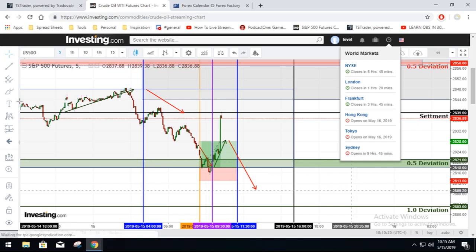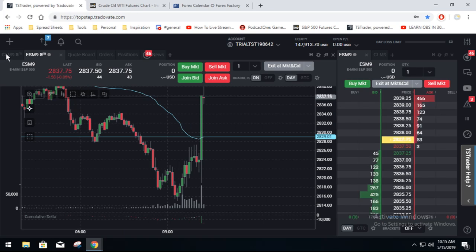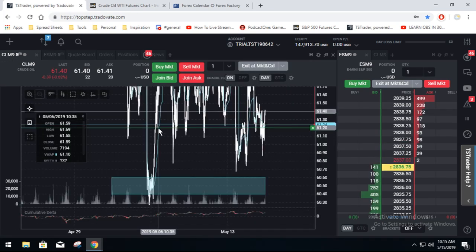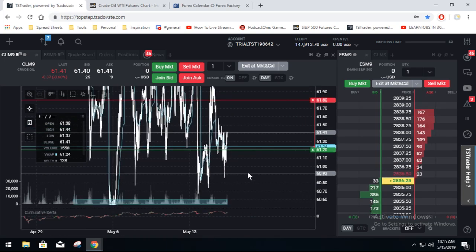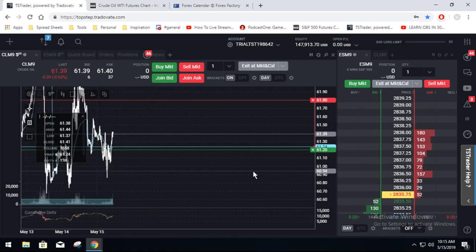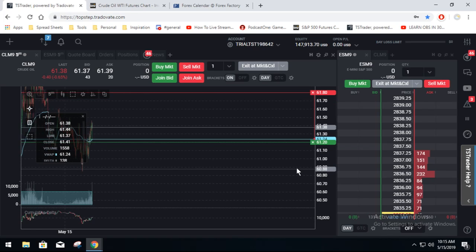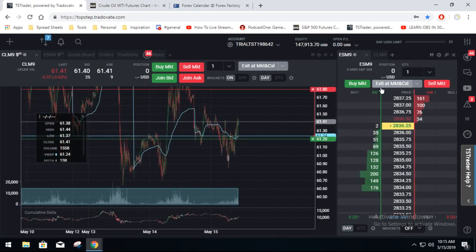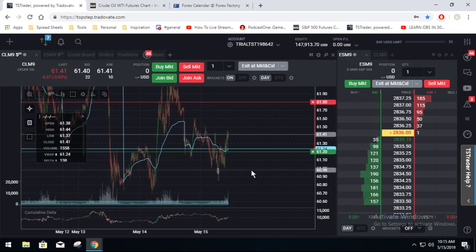So we have another trade we're looking at getting into, which is our oil trade, and we'll see what happens based on oil.